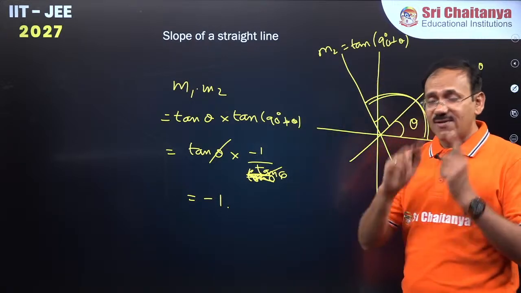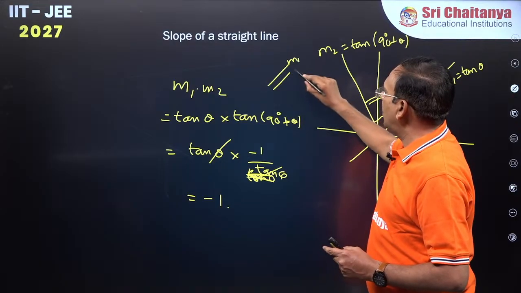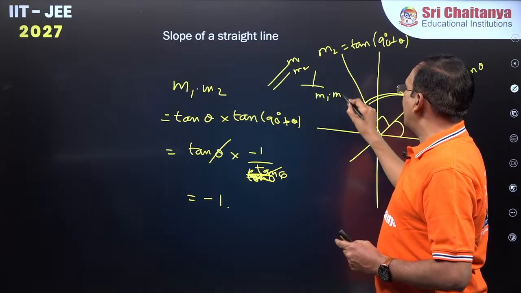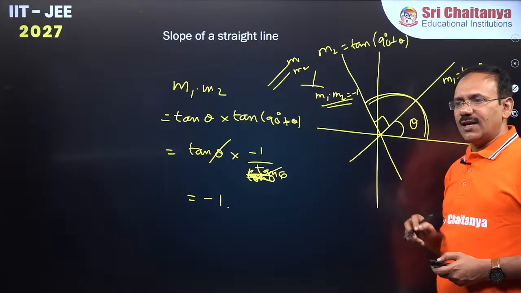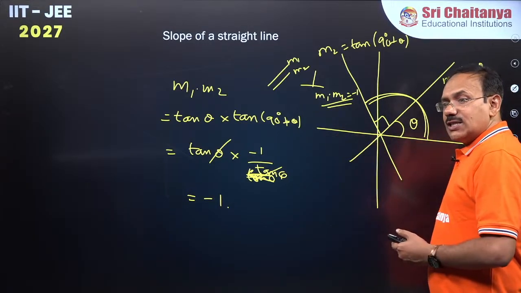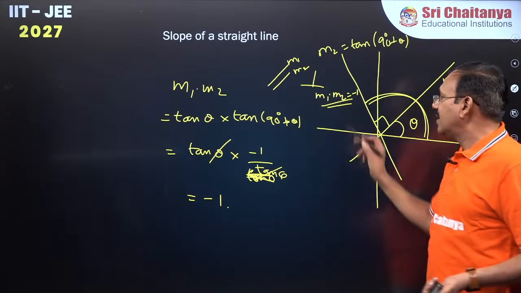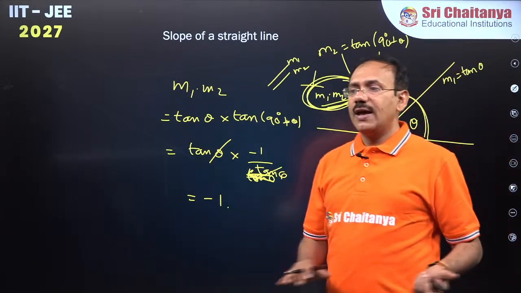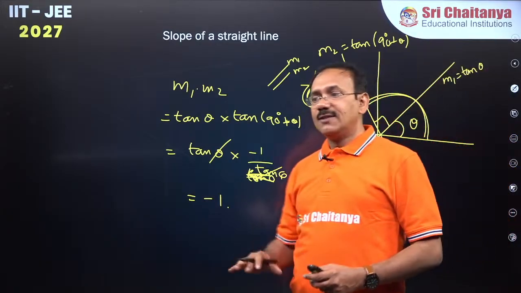This point is very important, guys. If two lines are parallel, slopes are equal. M1 is equal to M2. If two lines are perpendicular, M1 M2 is equal to minus 1. Of course, not for horizontal and vertical lines, because any horizontal line slope is 0, any vertical line slope is not defined because tan 90 is not defined. There is an exception for horizontal and vertical lines. Except horizontal and vertical lines, we can say if two lines are parallel, their slopes are equal.